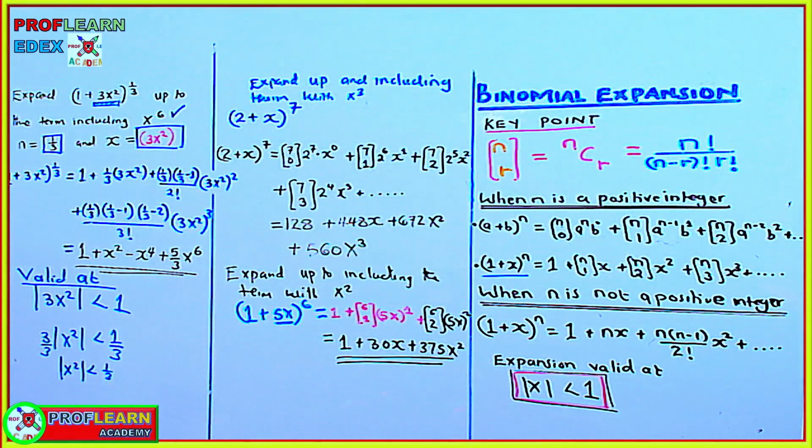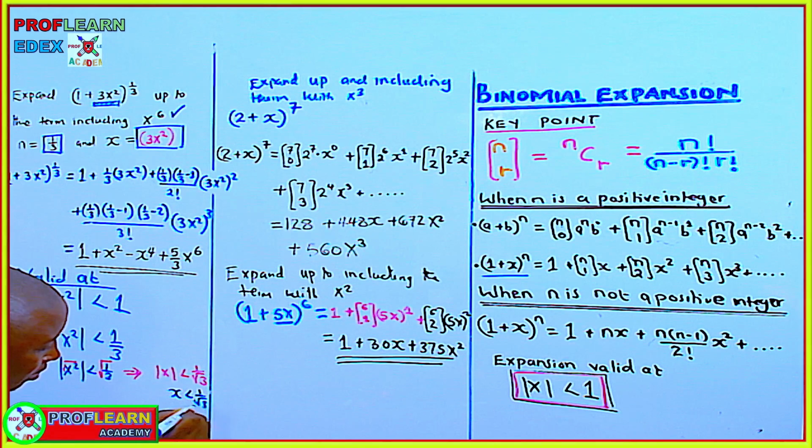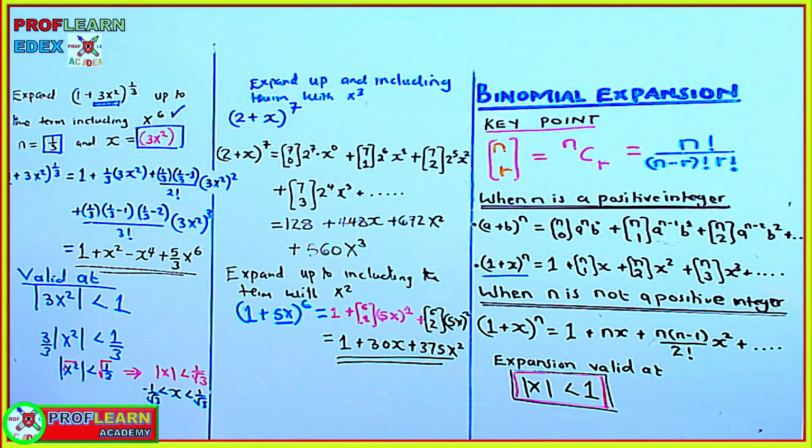So if you find the square root for this part and the square root for this part, we are going to have our expansion valid, and we shall have x less than 1 over root 3, right? And this as well can be written as x is less than 1 over root 3 and greater than -1 over root 3. So you can as well write it this way, right?